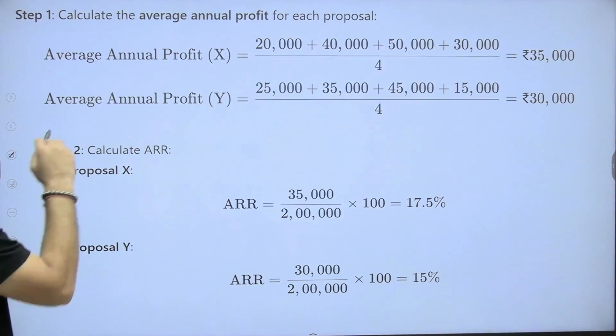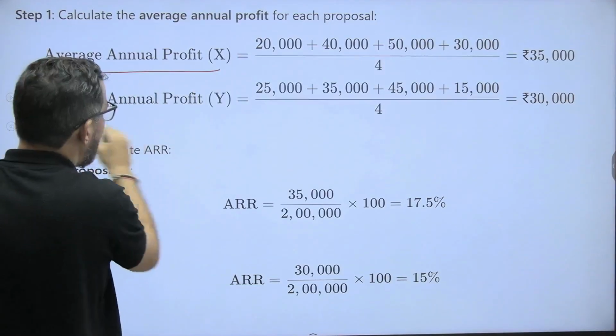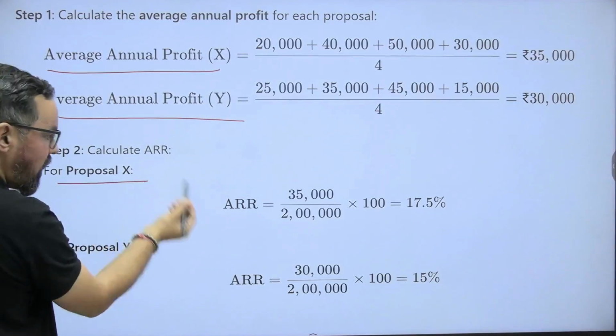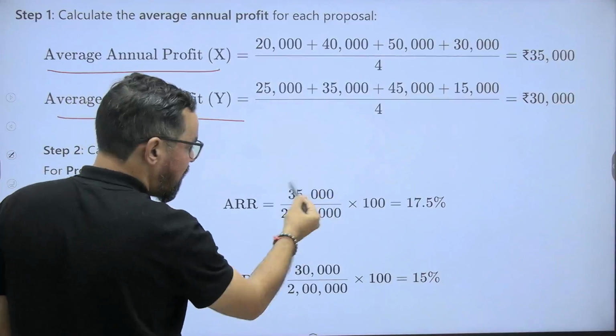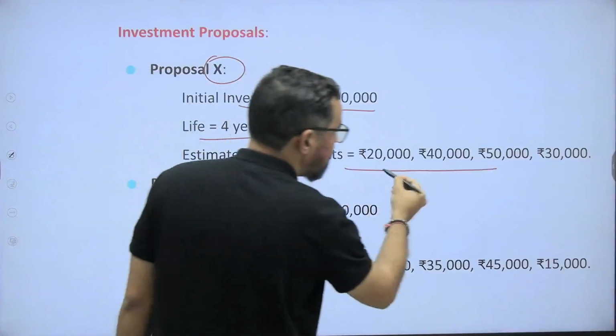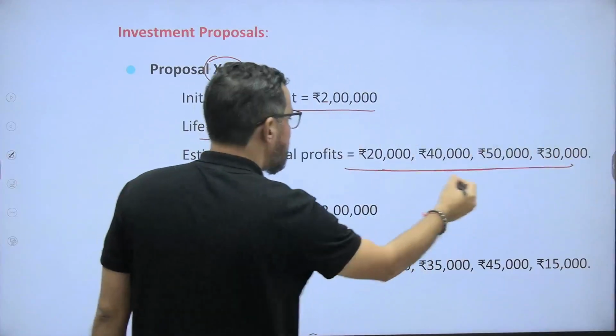So we have the average annual profit for X and Y. Then in step 2 we have to calculate the average annual profit for X. These are divided by the number of years, which is 4 years.